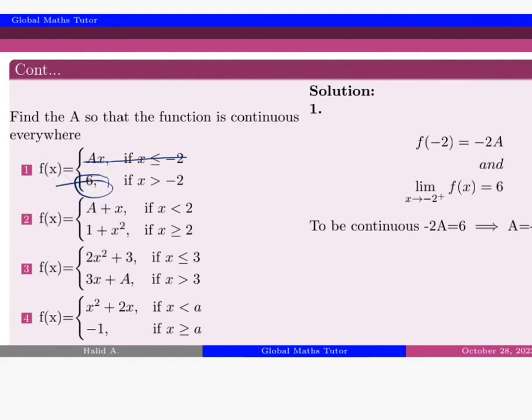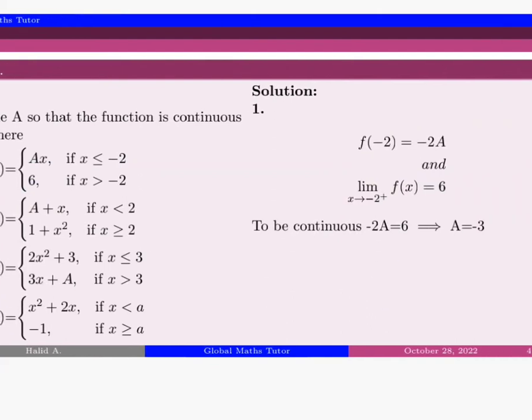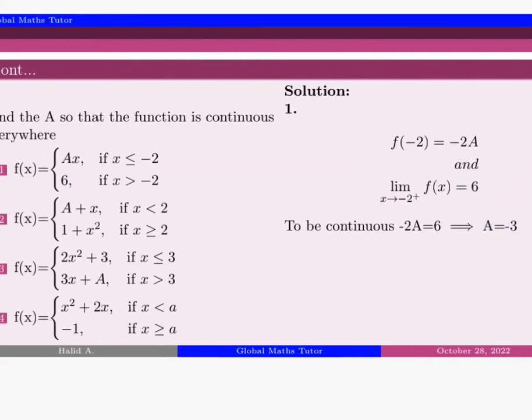Therefore, to be continuous, both left and right hand side limits must be equal to the function's definition at the point x equal to a itself. Therefore, a is simply minus 3.